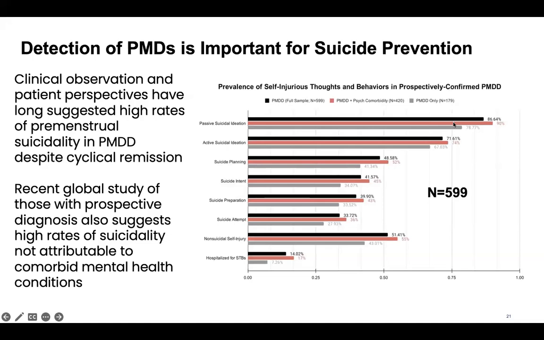We see very high rates of suicidal ideation, over 78% of the sample, going all the way to hospitalization. We're seeing high rates of ideation, planning, intent, preparation, attempt, non-suicidal self-injury, and hospitalization, regardless of comorbidity.